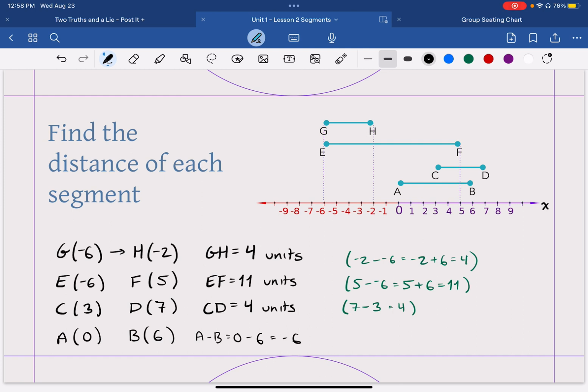You're not going to say, I am going to target, which is negative 2 miles away. No, you would always change it into a positive. So what we can do is take the absolute value of all of these, and now we end up with 6. And so essentially we can say that AB is equal to 6 units.